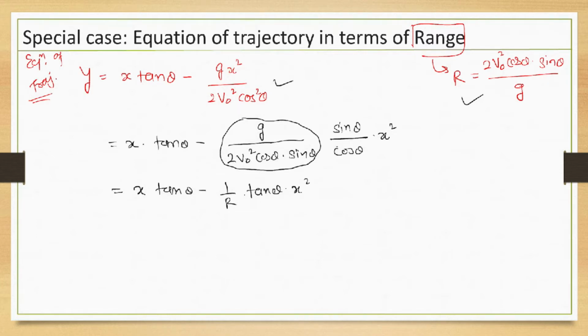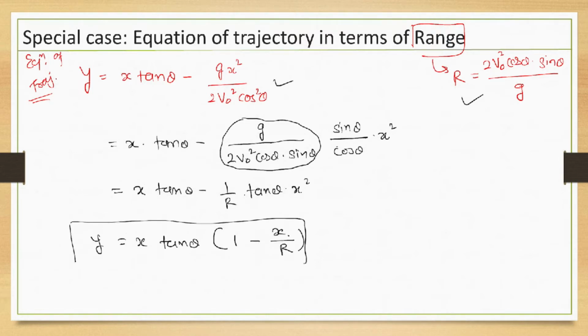Take x tan theta common, so 1 minus x upon R. This is the equation of trajectory in terms of range.